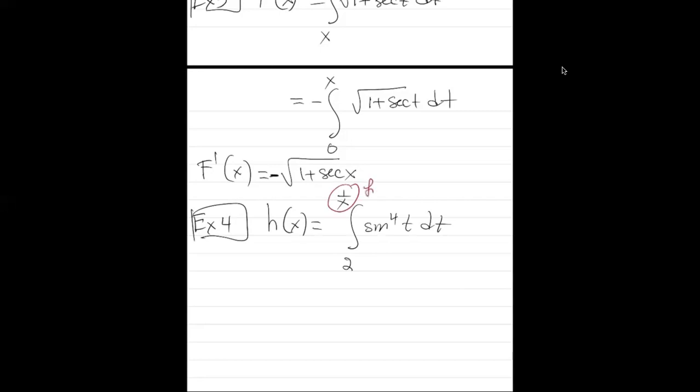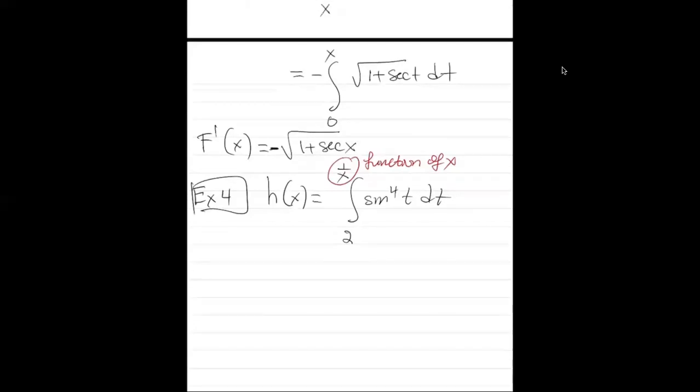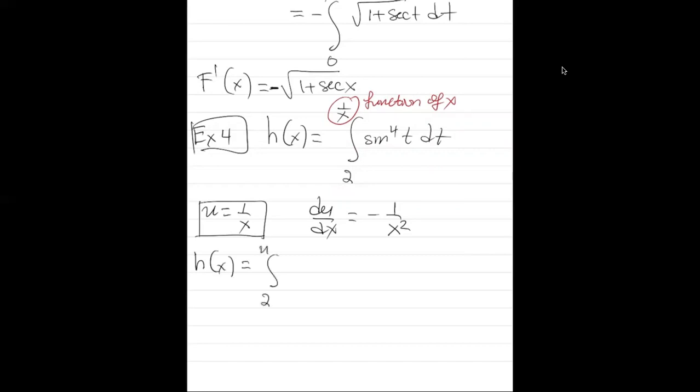This is a function of x, not just x. So we're going to use a substitution: we set u equals 1 over x, and then du dx, which we're going to need later, is negative 1 over x squared. Now we can rewrite h of x as the integral from 2 to u of sine to the 4th t dt.